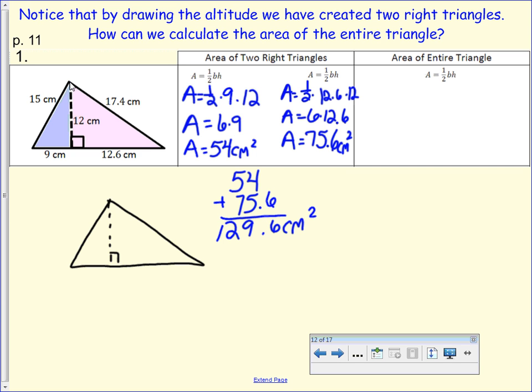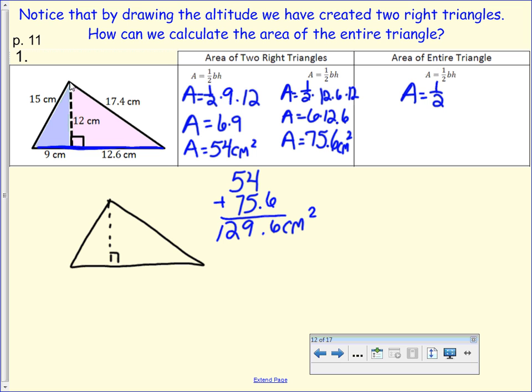The other method is to just find the area of the whole triangle. I don't know, try that way. So area of a triangle. I'm oxygen deprived from when I was choking. Okay, so area equals 1/2. What is the base of the entire triangle, if you want to be all technical and call it the right shape?